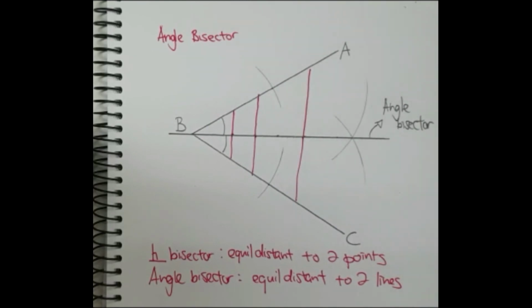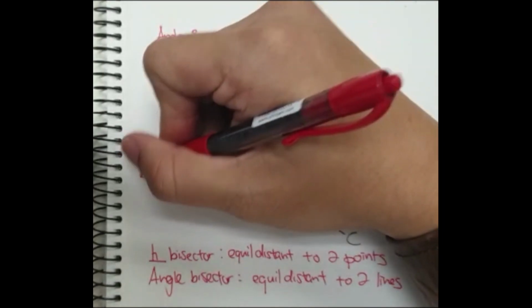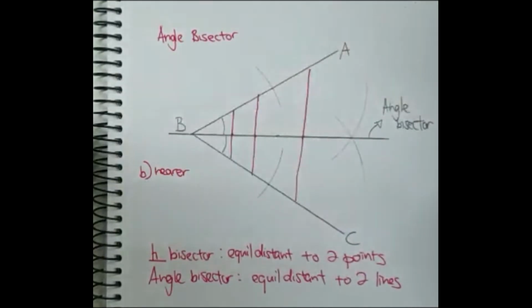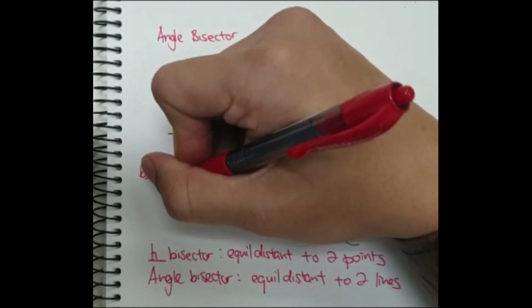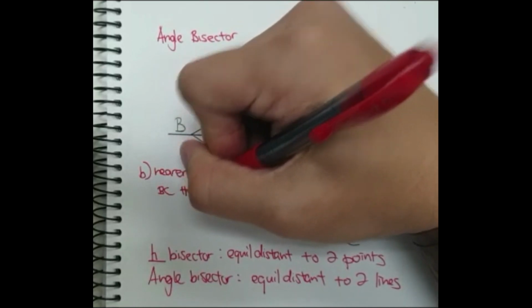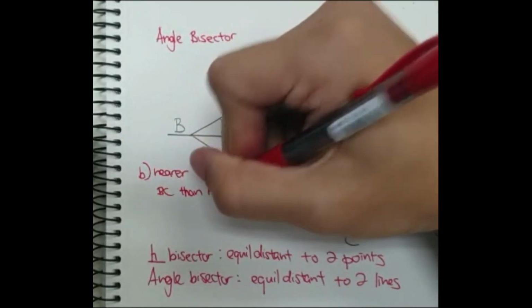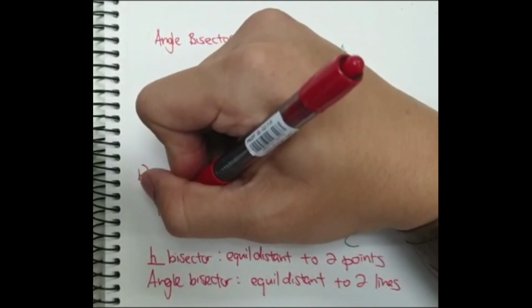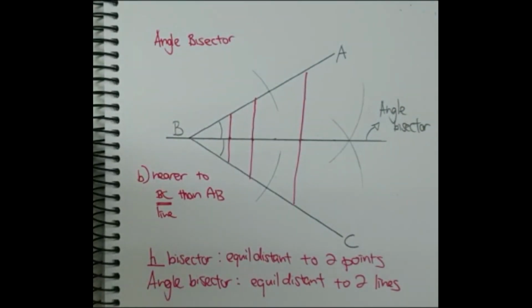Now same as just now, let's do a short simple exercise. If the question asks, tell that you are nearer to BC than AB. BC is a line, not a point.